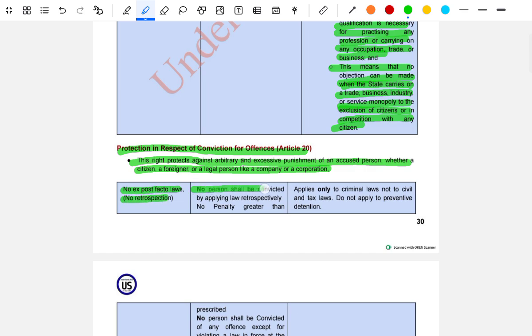No person shall be convicted by applying a law retrospectively. This applies only to criminal law, not to civil law, and tax laws do not apply to preventive detention.